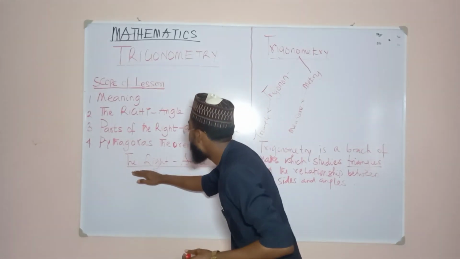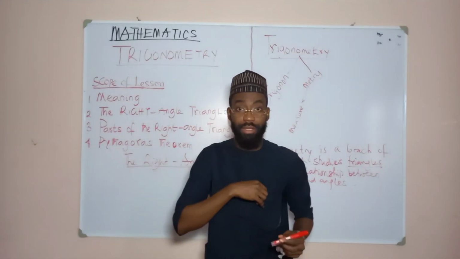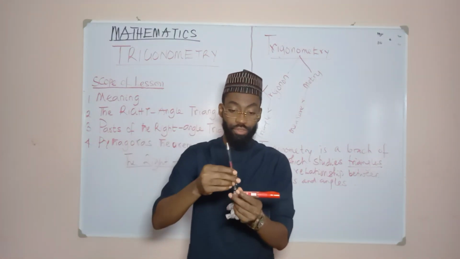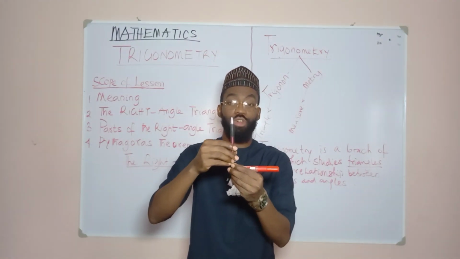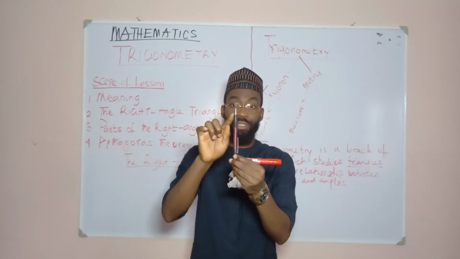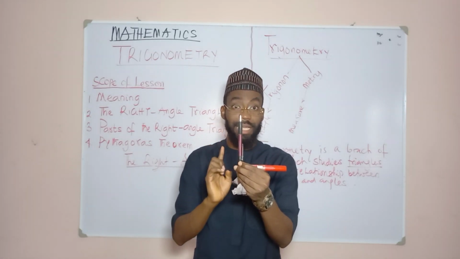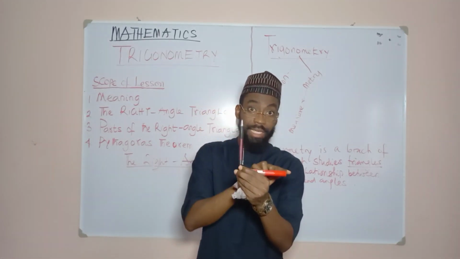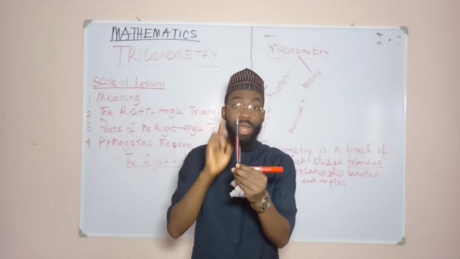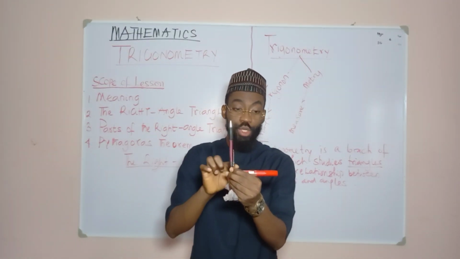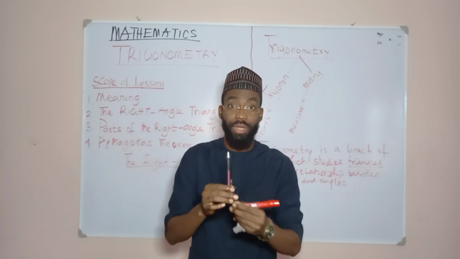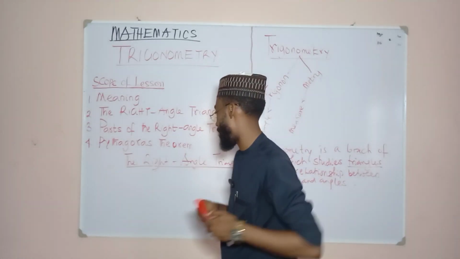How do we draw the right angle triangle? A right angle triangle is usually drawn with 2 upright lines. You see this line and this line, they are considered upright. If I join a third line, it makes it a triangle.